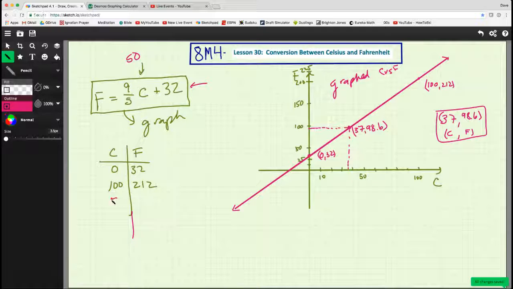I would just go, well, 9/5 of 50 plus 32. And so cancel, 10. I get 90 plus 32 equals 122. So let's see, 50, comma, 122, right there, because this is 125. So that's right.